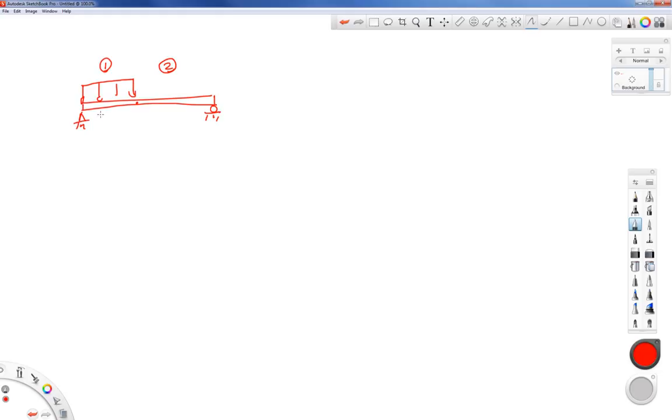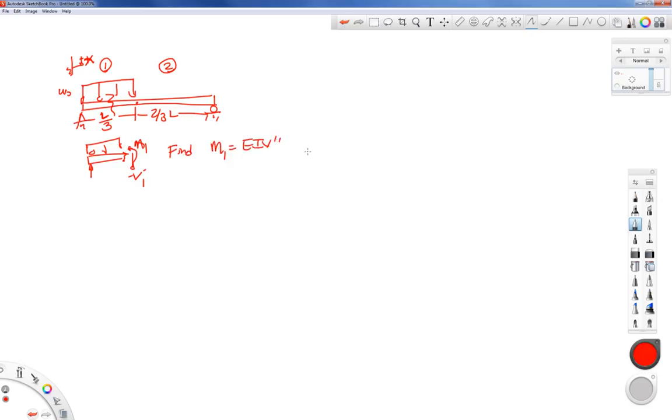For this example, let's just say this is the distance L over 3 where this load stops. You would cut inside region 1, and you would find from a free body diagram in region 1 your internal bending moment for section 1. And then you would set that to EIV double prime.